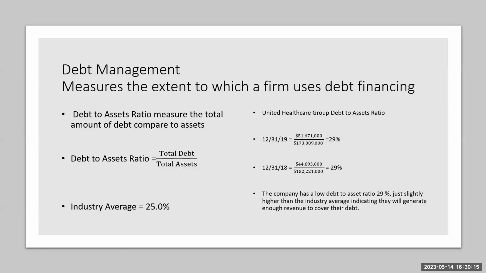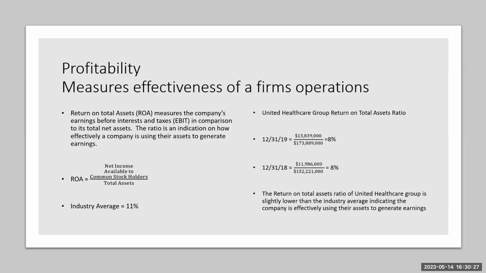Here they used debt to assets. Notice they give the industry average, which is a good measure. They give you the 2 years we're looking at and the interpretation. Profitability ratio. Here they use the return on assets. Again, the industry average for this business, United Healthcare, the 2 years of analysis, and then the interpretation.